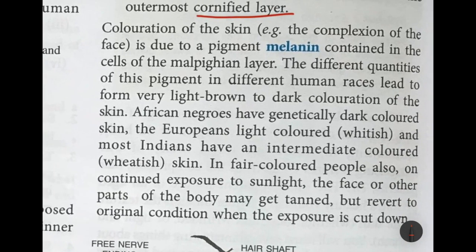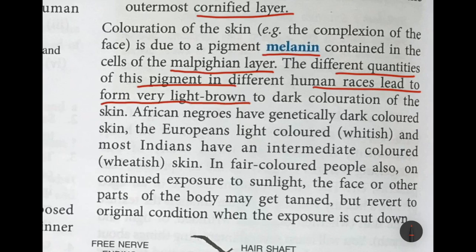Now, coloration of the skin, the complexion of the face, whether you are fair, dark, brown, or black, is due to a pigment called melanin. And this melanin you'll find in the Malpighian layer. The cells in the Malpighian layer contain this pigment melanin. Different quantities of this pigment in different human races lead to very light brown to dark coloration of the skin.